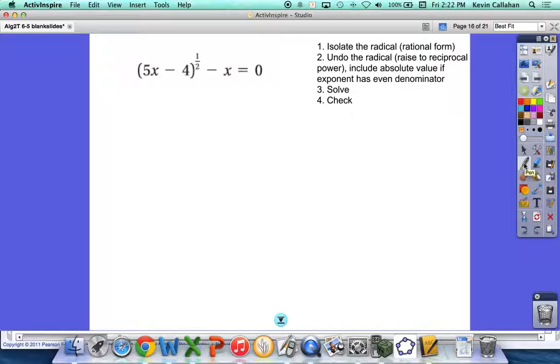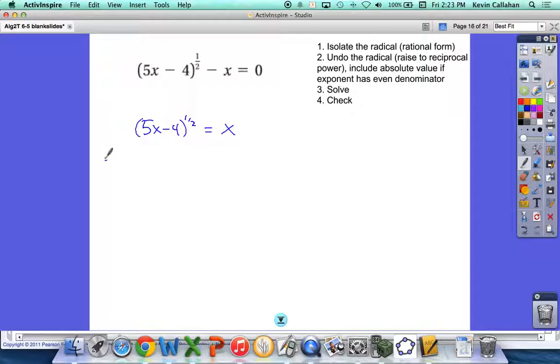All right. So add to the other side. Let me erase that. I want to leave some space to check later on. So we're going to say 5x minus 4 to the 1/2 equals x.